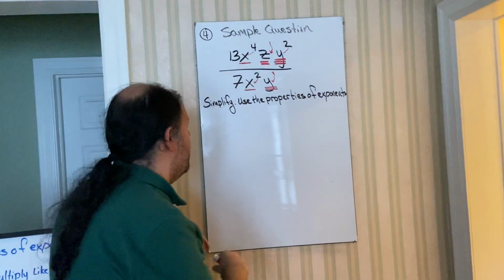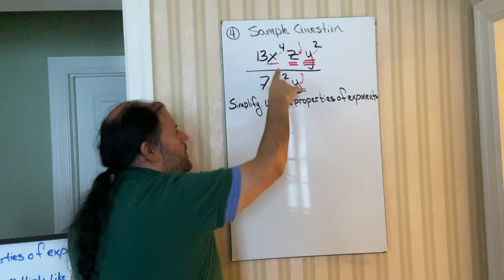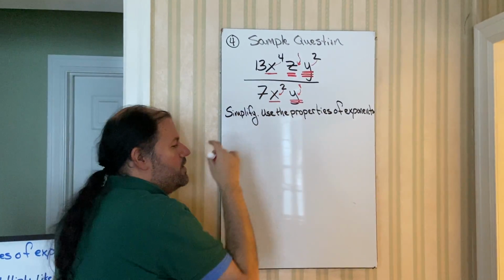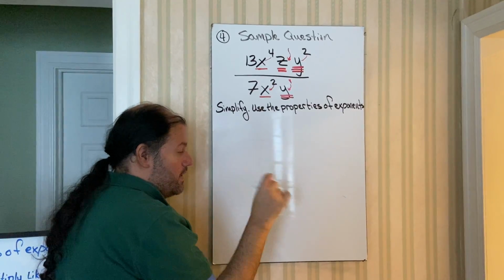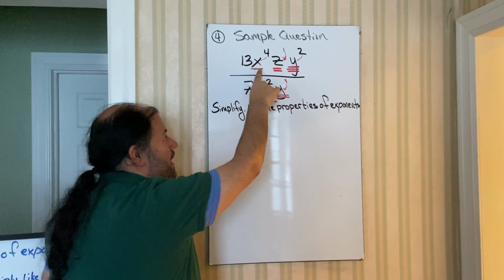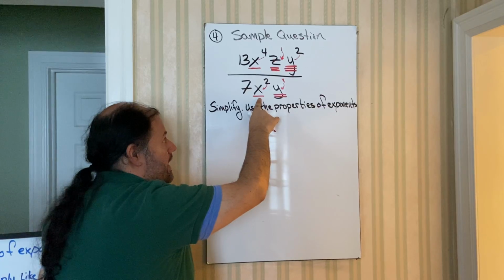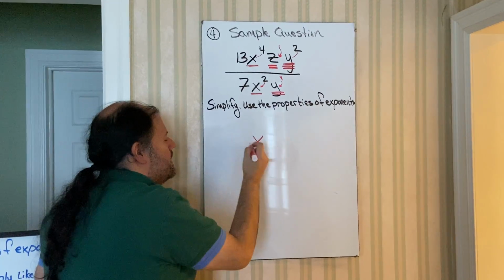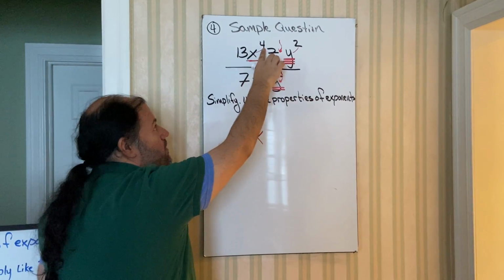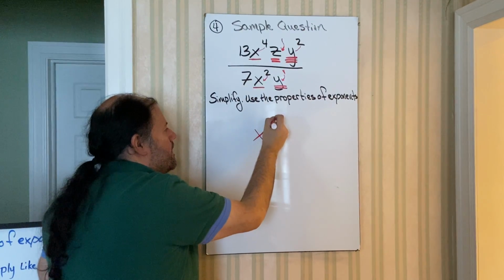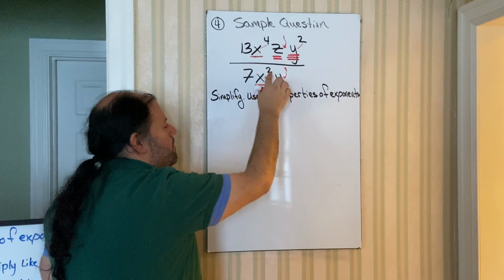How? Notice that we have some like bases for x's. We're going to do it the quotient way. The quotient way is top exponent minus bottom exponent. So once I see that we have a match, x, x, keep the same like base of x and subtract the exponents. But you have to do top exponent minus bottom exponent.